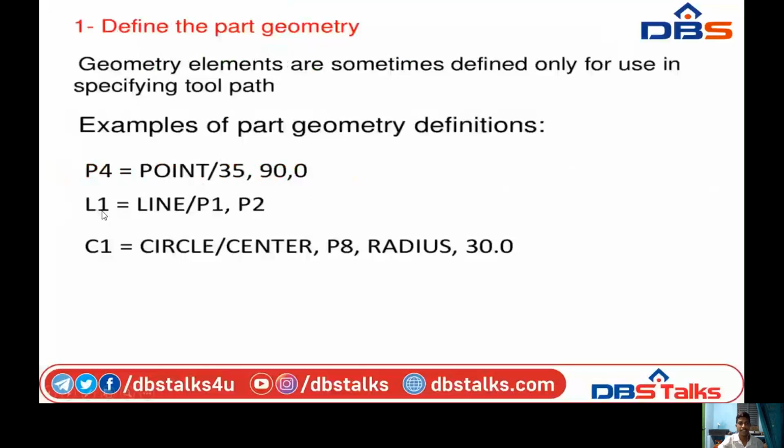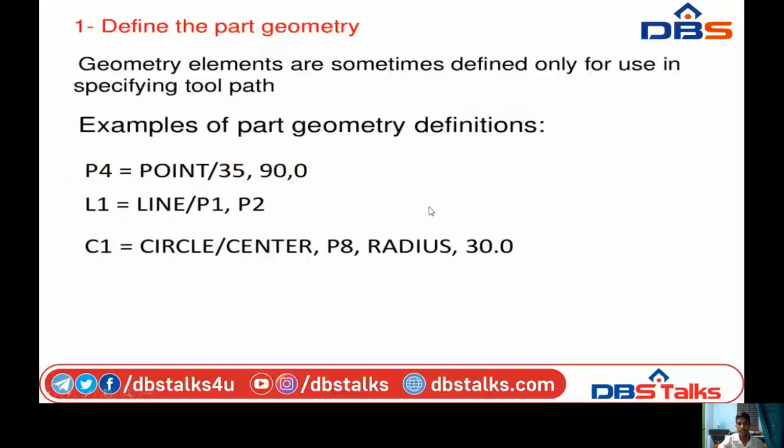Next, L1. L1 is line 1. Line 1 is equal to, line is the subject, and the description is P1, P2. We already know that any line can be generated by using 2 points, P1 and P2. Here L1 is generated by using 2 points P1, P2. Then the circle. We already know that a circle can be generated by using 2 points, one starting point and one ending point.